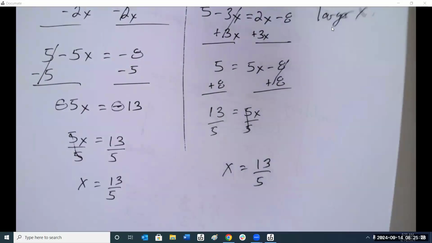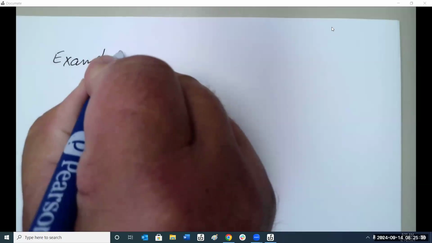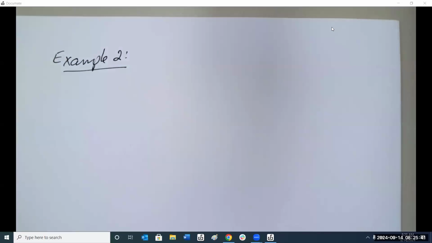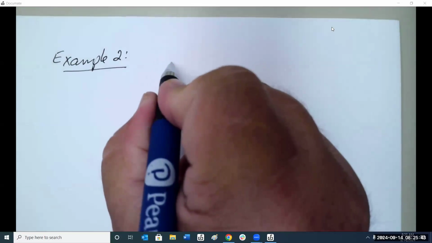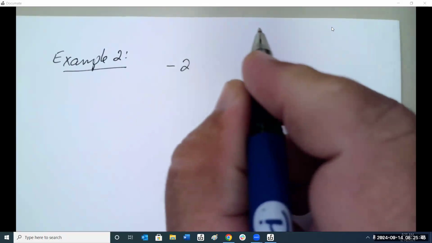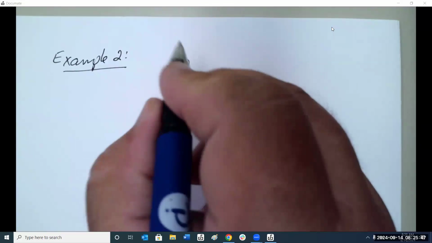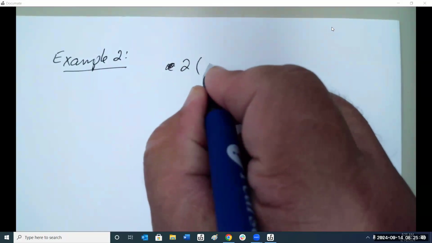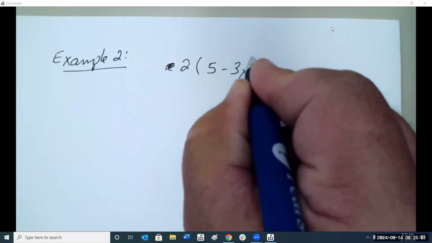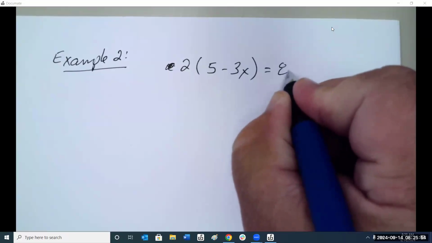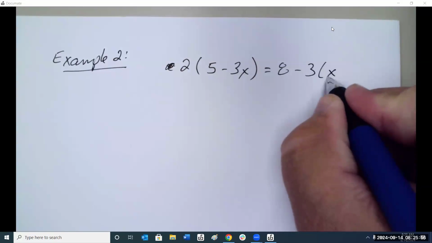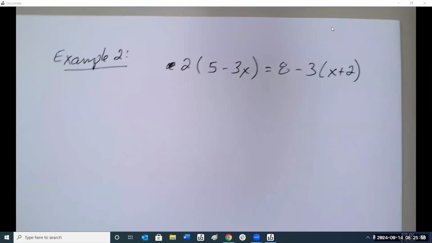Let's look at some examples because we haven't even gotten to fractions yet. Let's look at example 2 first. 2 times (5 minus 3x) equals 8 minus 3x plus 2.